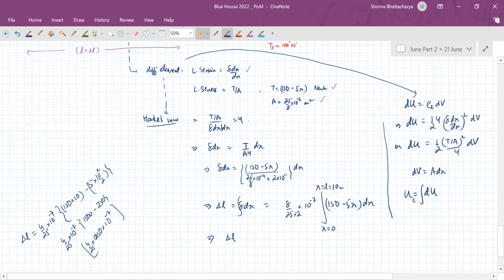Okay. So 25 goes 5 times in 125. So 200 into 10 raised power minus 7, or 2 into 10 raised power minus 5 meters. That is our elongation. So you can see that it's basically 0.02 millimeters. So I'm getting 0.02 millimeters by calculation. You can just check my calculation once.